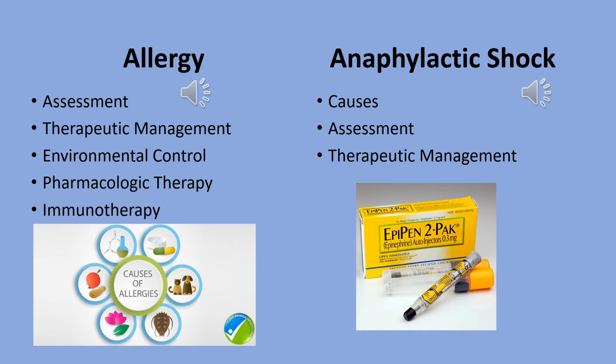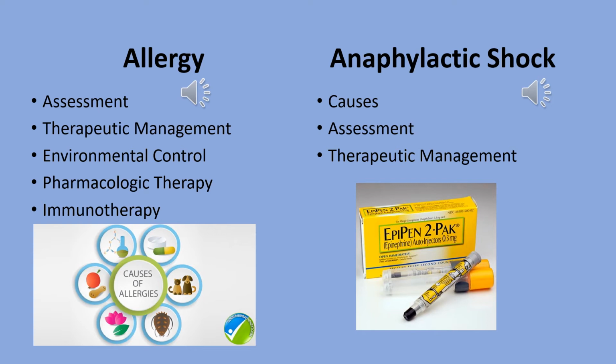Environmental control. If we can get rid of the allergen, whatever that allergen is for that child, first we need to identify it. If we can eliminate it, eliminate it. Although sometimes it's not possible to eliminate some of those environmental allergens. So definitely review table 42.3 for common measures for environmental control of allergens.